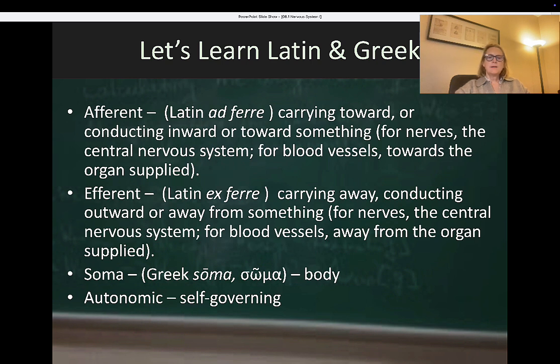Then efferent comes from the Latin word exferre, meaning carrying away. So that is the opposite of the afferent system. And then the term soma comes from the Greek word soma, which means body, and autonomic is self-governing. So the autonomic nervous system is the self-governing system.